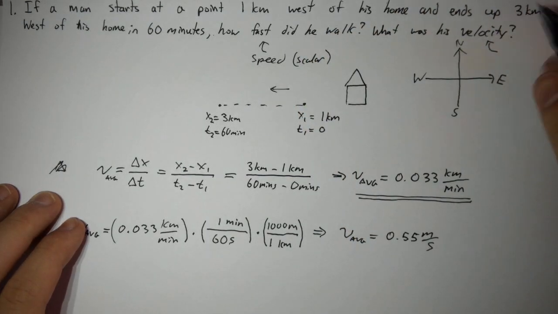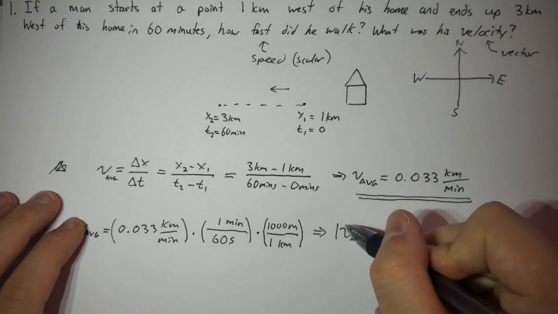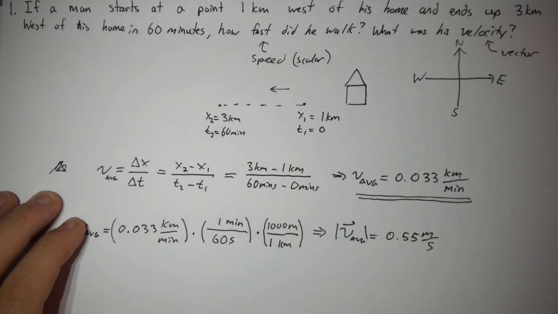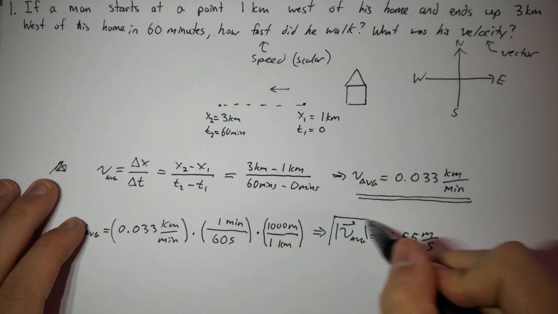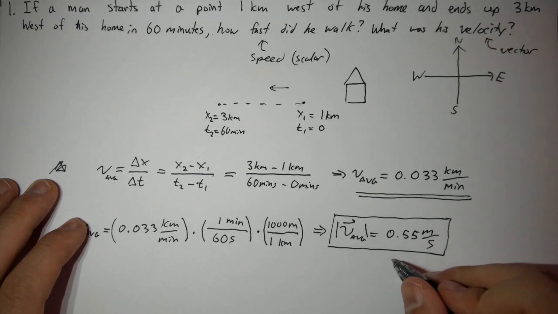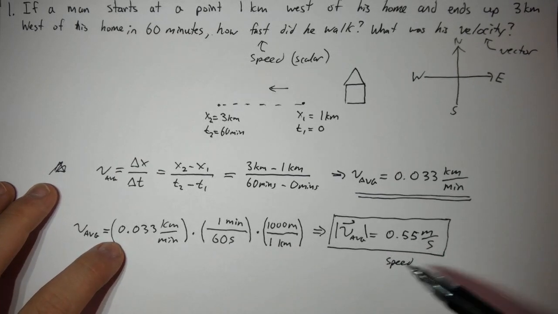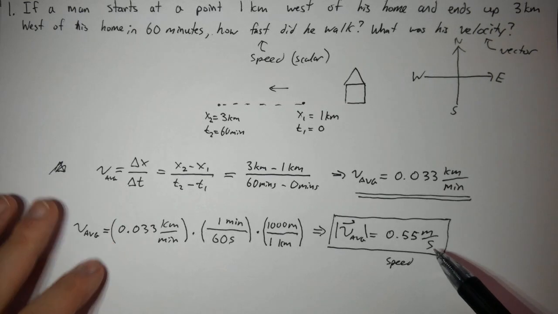Velocity is a vector. So these are two different things. What we just calculated here is the speed. Because there's no direction, we just plugged the numbers in and we calculated the raw numbers independent of direction.